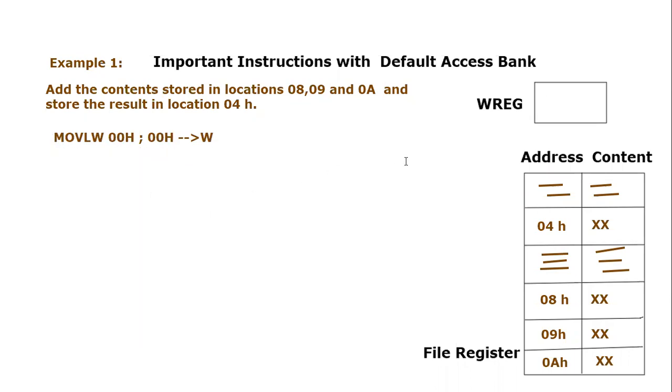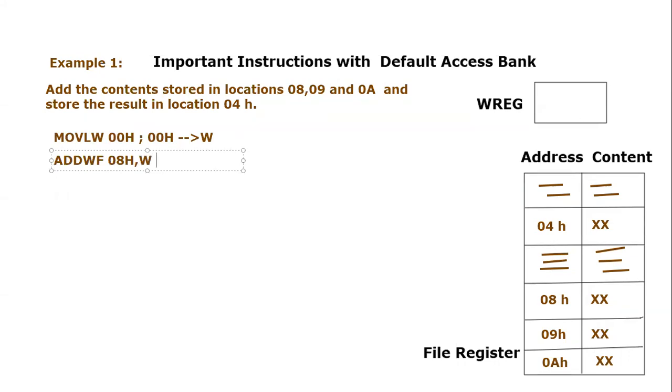The next thing, now that our working register is empty, or the value is 0: we will add the value of the working register with the file register, for the first location, which is 08. So we write add working with file, the file we are interested in is 08H, and we put the result in the working register.